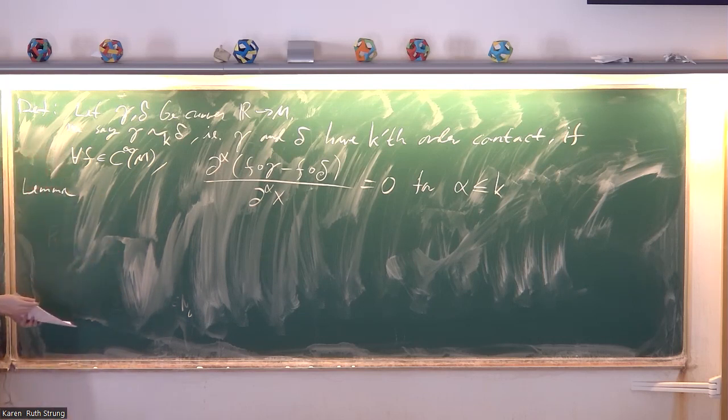Okay, and once you've made this definition, you can get a fairly powerful lemma with very little work. So this is not the lemma, this is the lemma for the lemma, but it's also necessary.